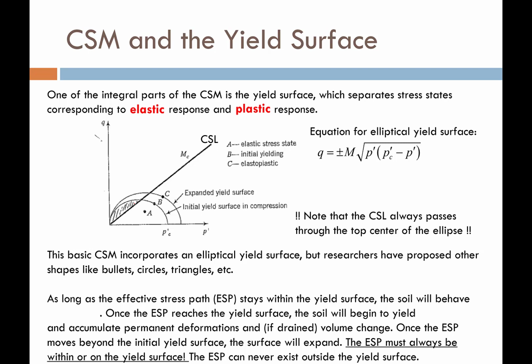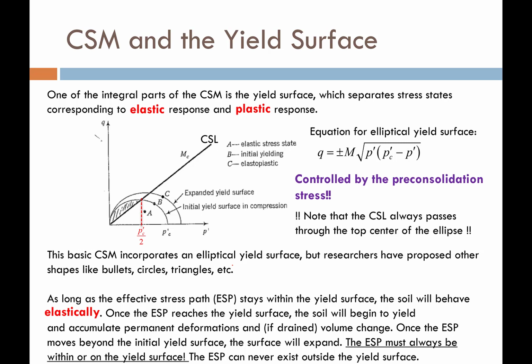Other researchers have proposed other surfaces like bullets, circles, triangles, cones, all sorts of different shapes. But we're just going to deal with an ellipse in these lectures. So as long as that effective stress path, ESP, which stands for effective stress path, stays inside of the yield surface, the soil will behave elastically, okay?